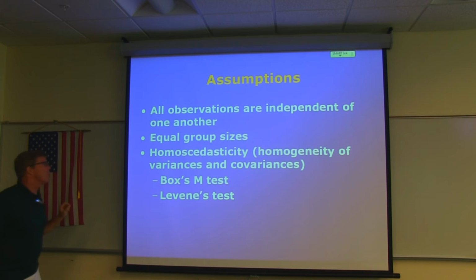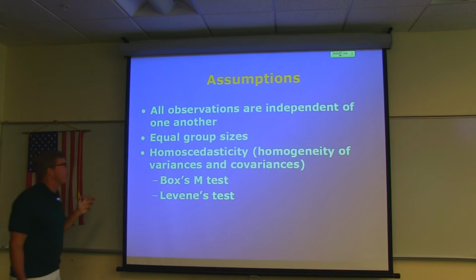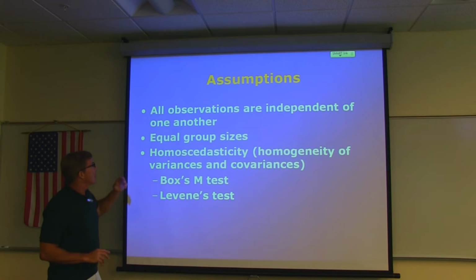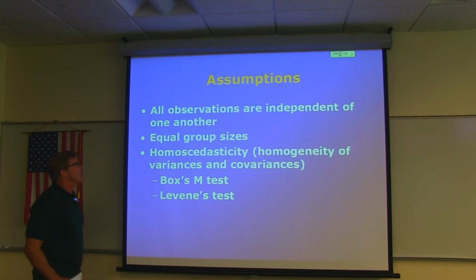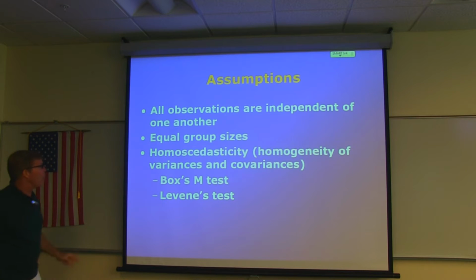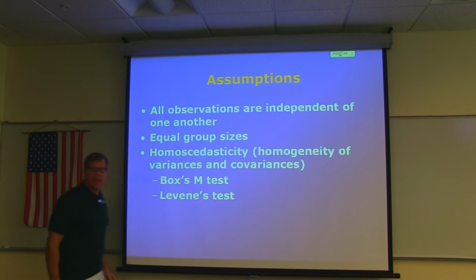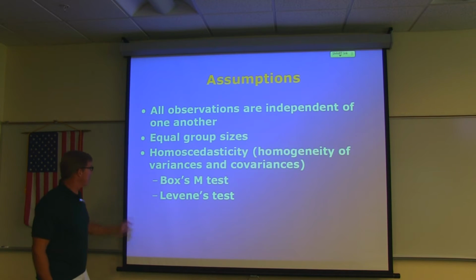We have our good old homoscedasticity assumption, homogeneity of variances. We have a couple of tests for homoscedasticity in the MANOVA, Box's M and Levene's test, which we will see down the road a little bit.